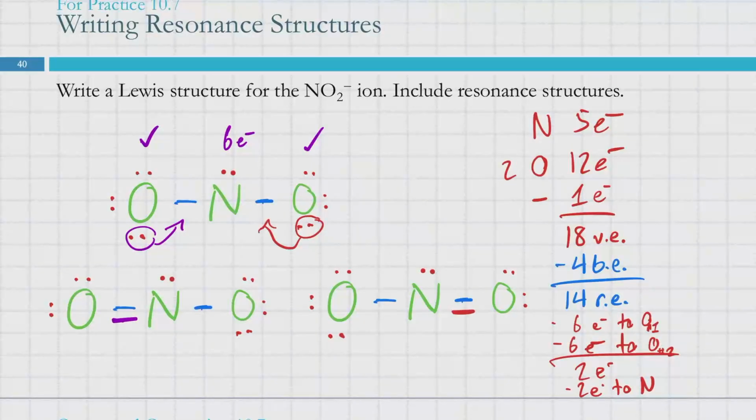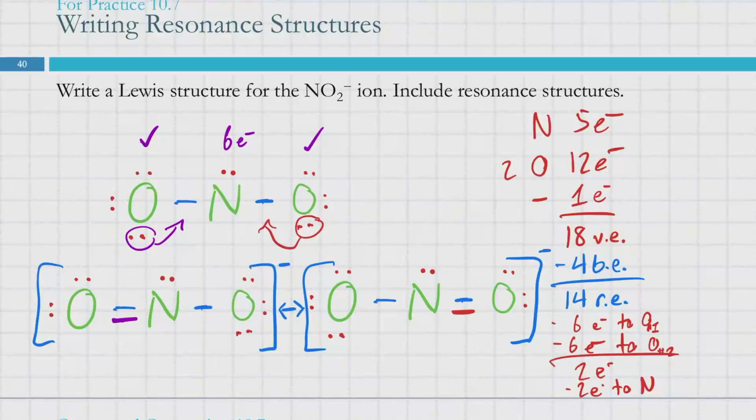What else do we need? We do need brackets. Anything else? Double-headed arrow. Okay, so once we put the double-headed arrow in there, now we've got a full and complete Lewis structure drawn. Questions? Looked like a lot of people got this, so that's great.